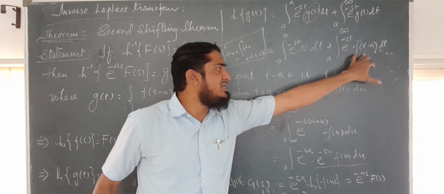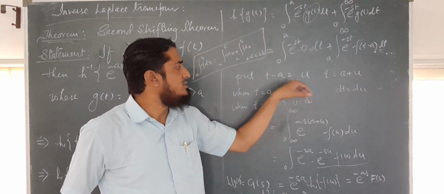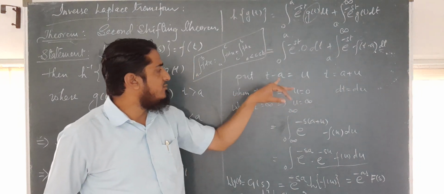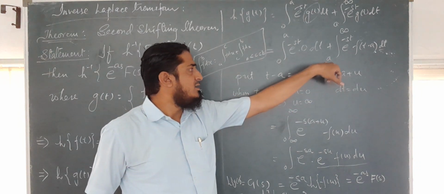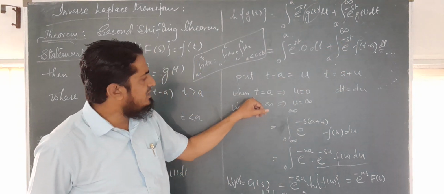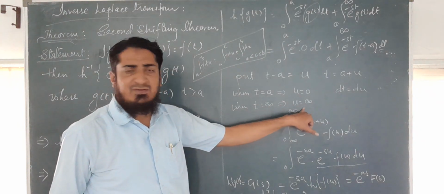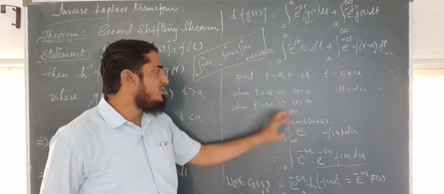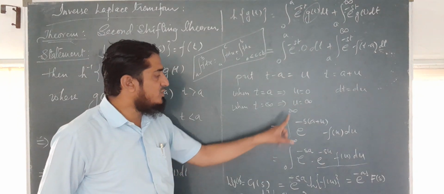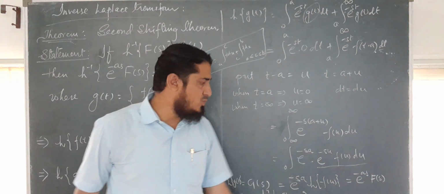Now replacing t minus a by u, so t becomes a plus u, and whenever t is a, u becomes 0, and whenever t is infinity, u becomes infinity, and putting these limits of u, the integration becomes 0 to infinity e raised to minus s times a plus u, f of u du.